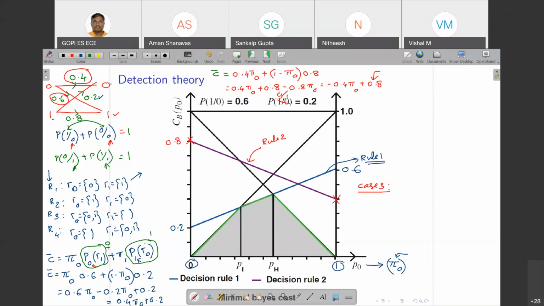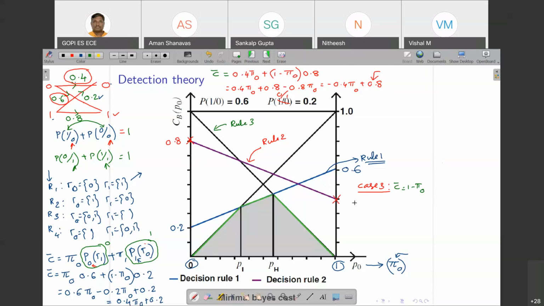So C bar is simply 1 minus pi naught, because pi 1 is 1 minus pi naught, right? So 1 minus pi naught means when pi naught is 0, you get the value as 1 here. When pi naught is 1, you get the value as 0. So this straight line that you see is what we call rule 3.